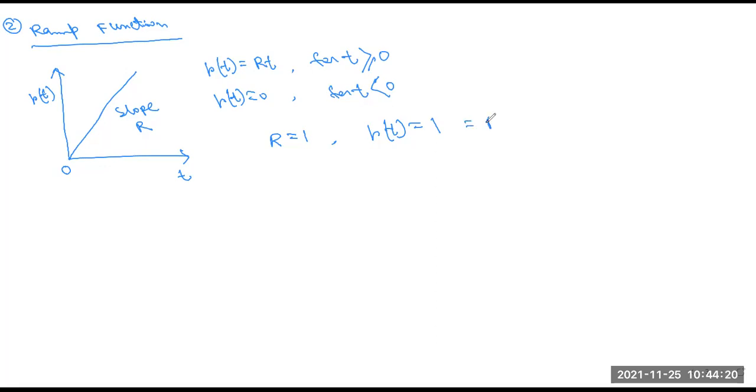This is basically the ramp function equation. We take the Laplace transform of t, because when R is equal to 1, the function is t. The Laplace of t has the formula 1 by s square. So please remember these things.